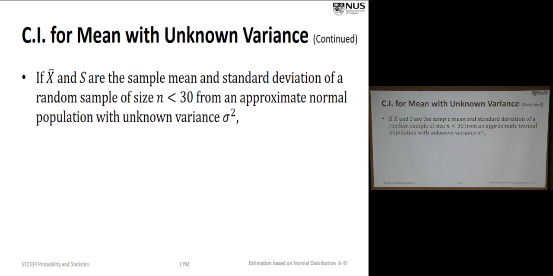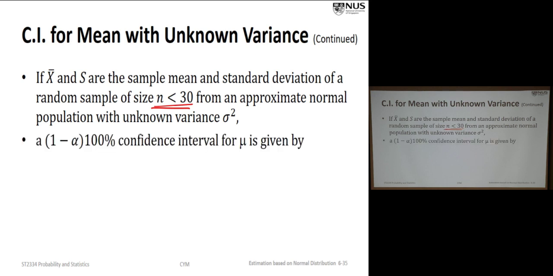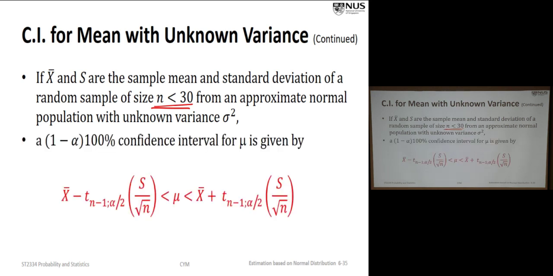So now, remember, we are talking about the sample size being small. So small, as a rule of thumb, means less than 30. All right, so this is the confidence interval. It's not too difficult to see or remember. Of course, you have a help sheet, right?